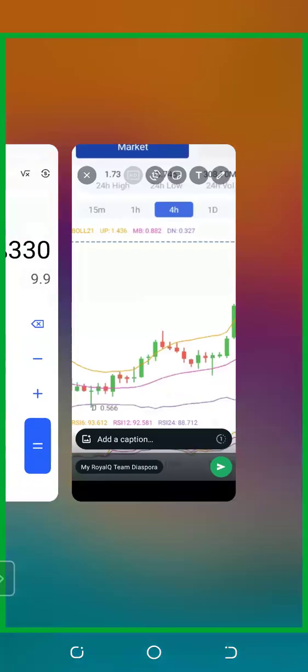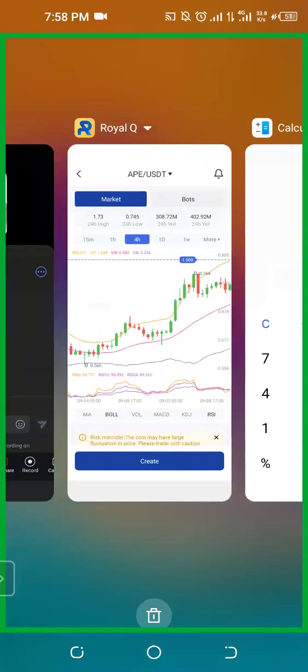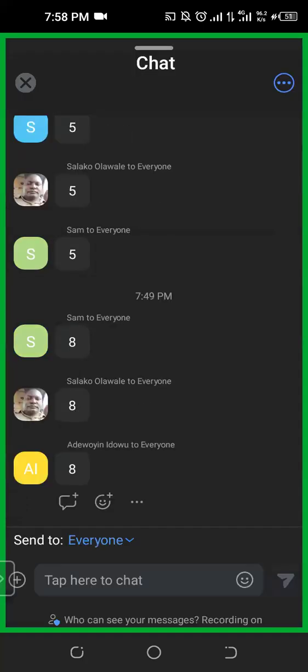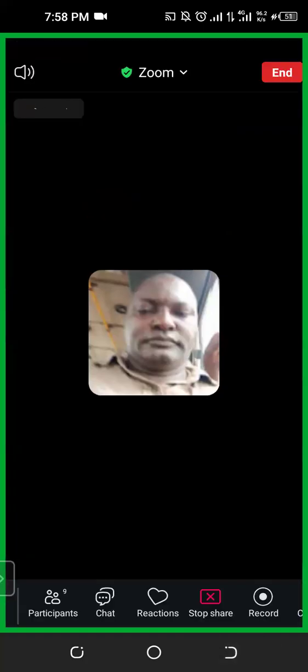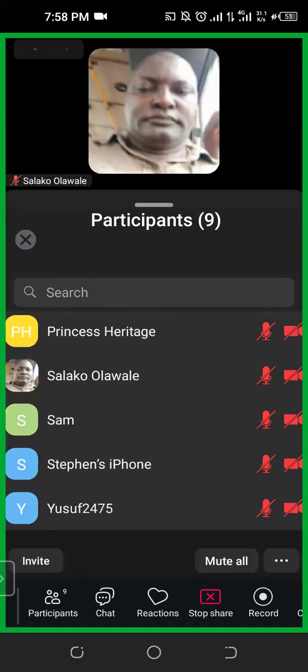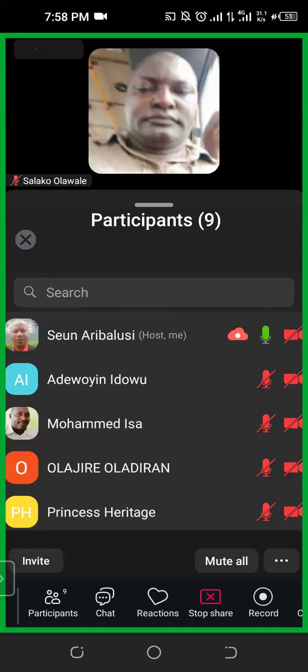These are strategies that you need to know that will help you to maximize the use of the bot. These are strategies you need to know so that you can maximize your trade. So if you have understood what I've just explained, type 10 in the chat so that I can now look for an inverted hammer so that we will not be rushing ourselves too much.